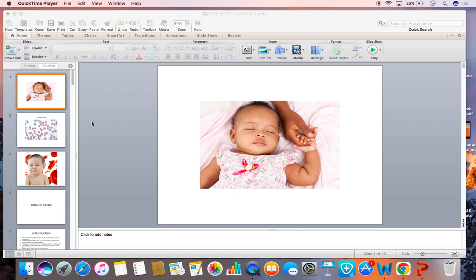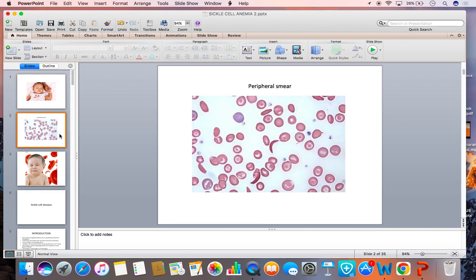Look at this picture. This infant is suffering from chronic anemia. You can see the pallor at the fingertips. We have taken the peripheral smear.